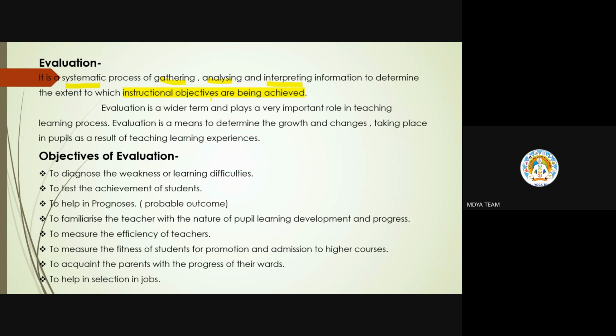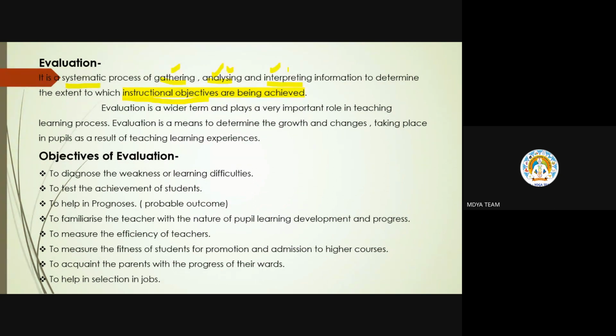Instructional objective is the very first step in the teaching learning process. Here is the process of gathering, analyzing, and interpreting. A question paper is given to students, or the exam is taken. After that, the checking of copies will happen, and the teacher will form a result.